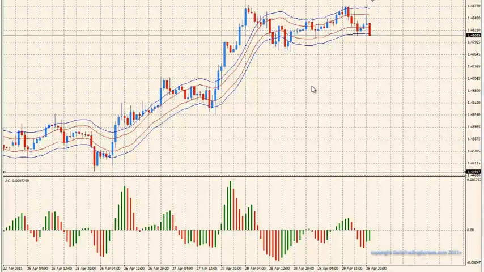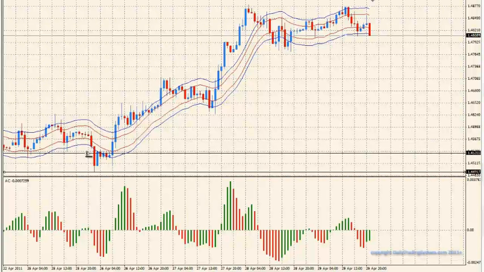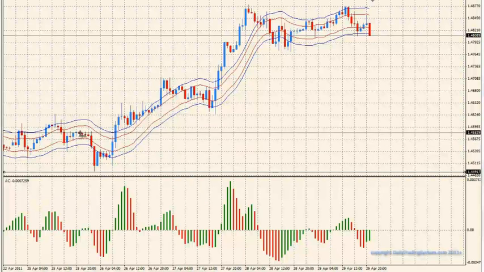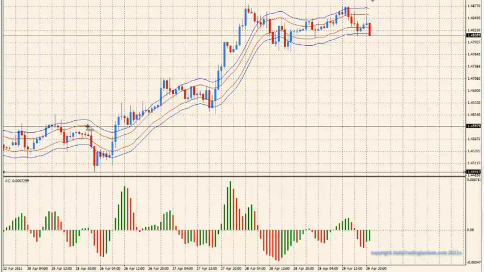Okay, now the take profit target can be done a couple of ways. You can target somewhere on a previous high, like this. Here's a previous high around here, so you can maybe place it around about there.